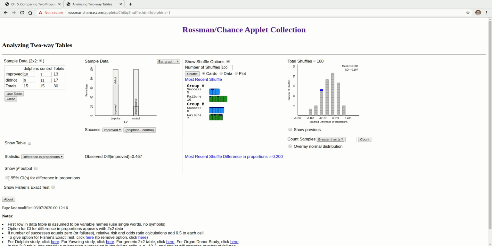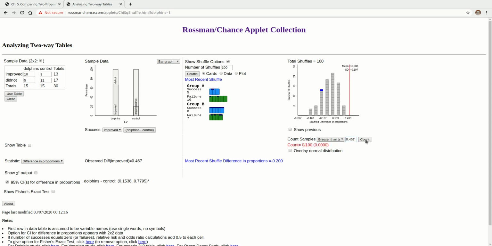We can ask it to show us a 95% confidence interval. Let's see, we can look at the normal distribution and see that this is only slightly skewed, but our sample statistic is 0.467, and thus our p-value is 0, right, for this particular sample.